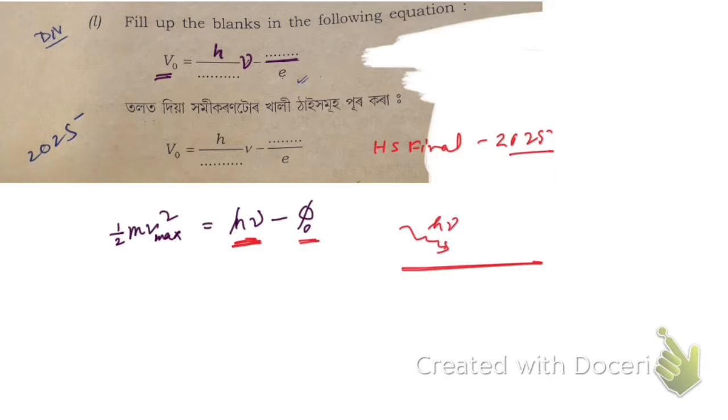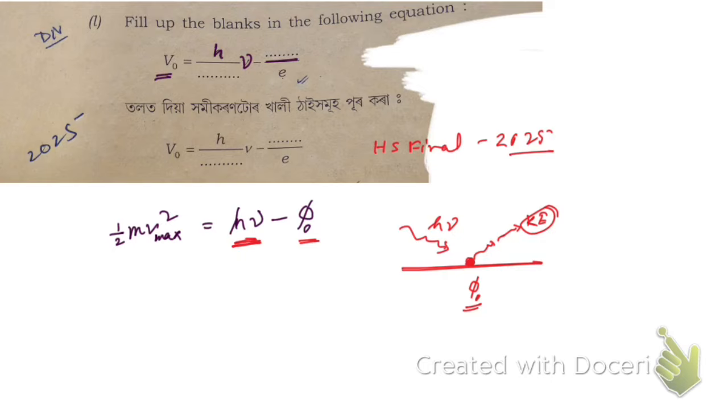Then one part of this energy is used up just to eject the electron from the surface of the metal, and that minimum amount of energy is called the work function phi naught. The remaining energy is converted into the kinetic energy of the ejected electron, right?